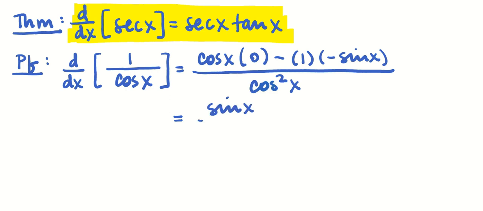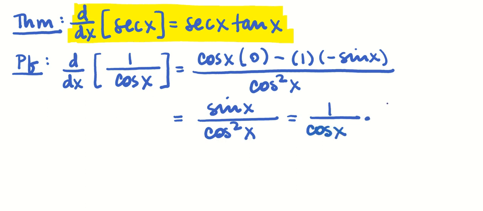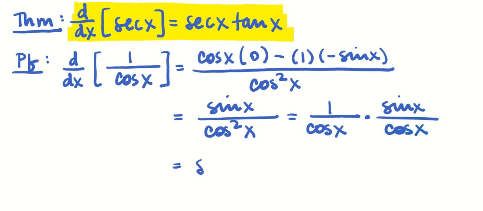It's 1 power of sine on top and 2 powers of cosine on bottom. So this is like 1 over cosine x multiplied by sine x over cosine x. 1 over cosine is secant. Sine x over cosine x is tangent.